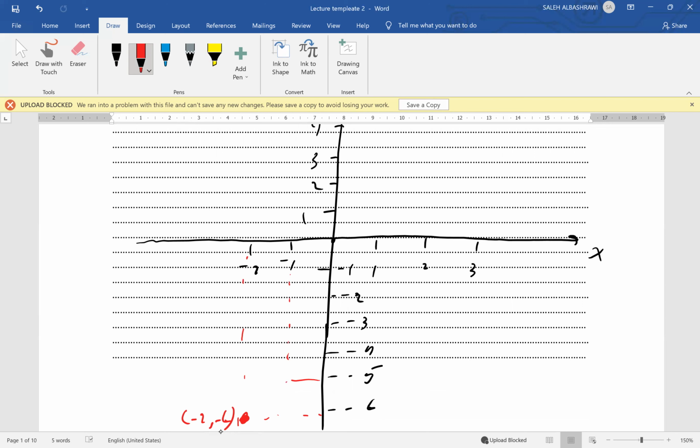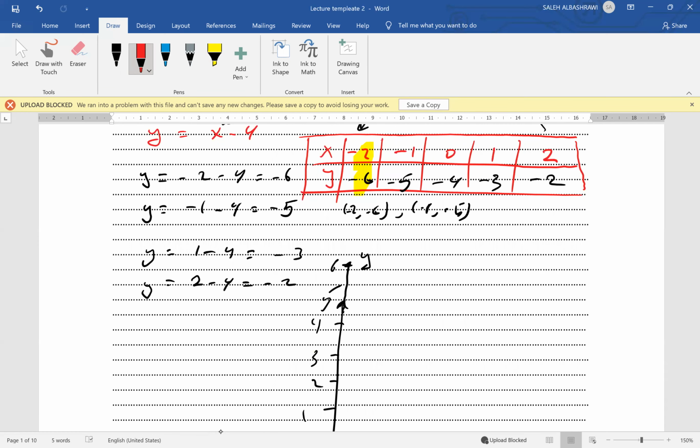This is this point. Next one is 0 and minus 4. It is this one. Then we have 1 and minus 3. 2 and minus 2. So these are the points that we found in the table: minus 2 minus 6, minus 1 minus 5, 0 minus 4, 1 minus 3, and 2 minus 2.